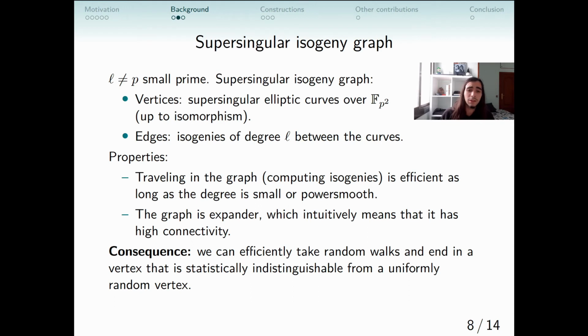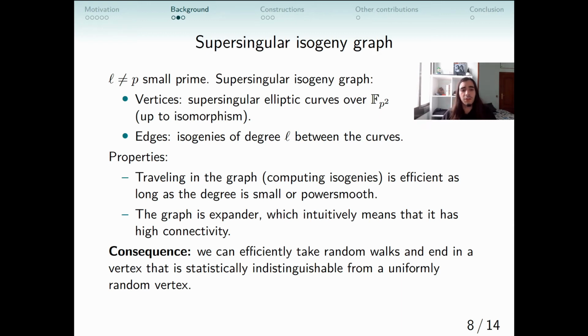And this graph, as I mentioned, has very nice properties. For one, you can travel in the graph, so you can take a path, which means computing an isogeny efficiently, as long as the degree of the isogeny is small or power smooth. And the graph is what is called an expander, which intuitively means that it has lots of paths. So it has high connectivity, and there's always a relatively short path to go from any given point to any other point.